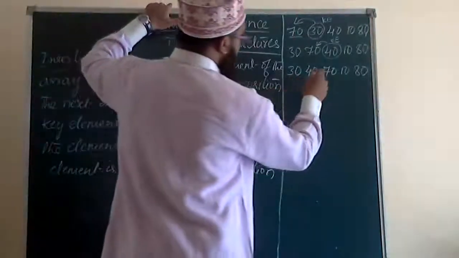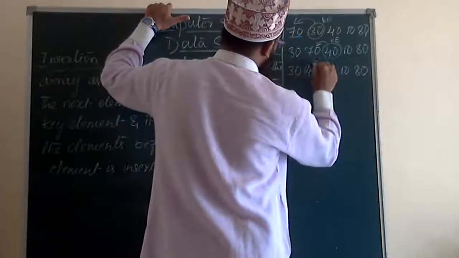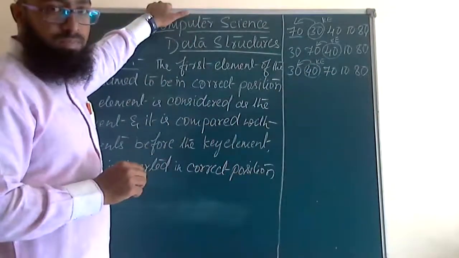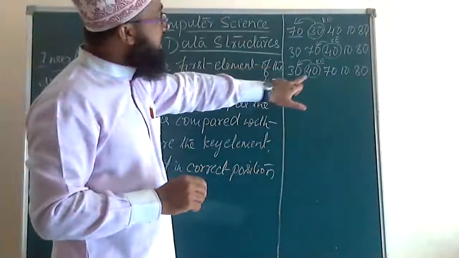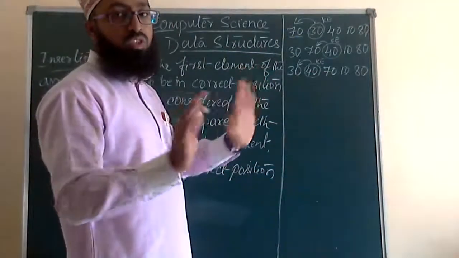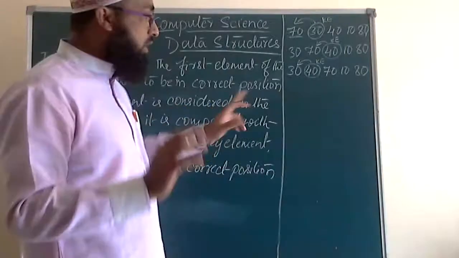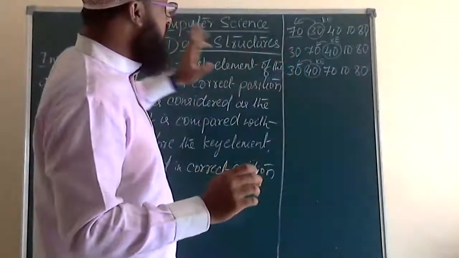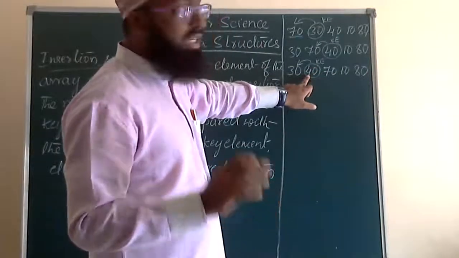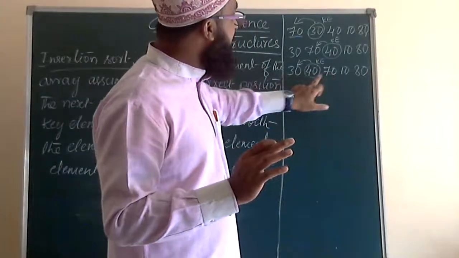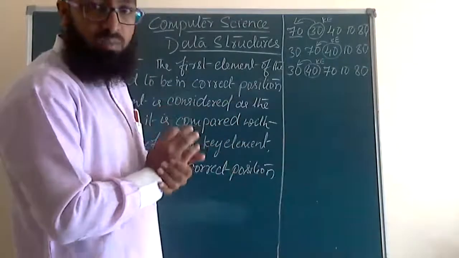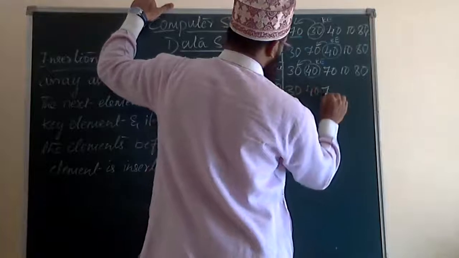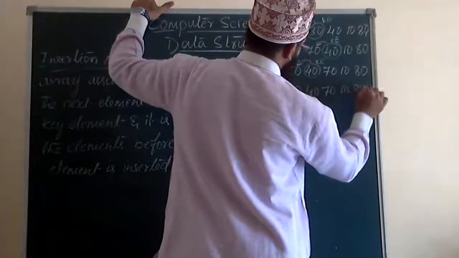If we take this as the key element and compare with 30, then what will happen? 30 is smaller than 40, so no changes will take place. If we compare 70 with 40, then also 70 is greater than 40, so no changes will take place. Now 30, 40, 70, 10 and 80.